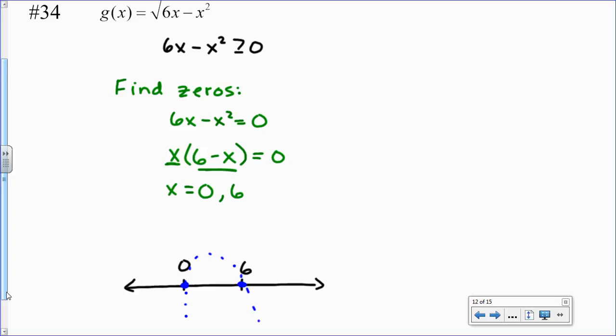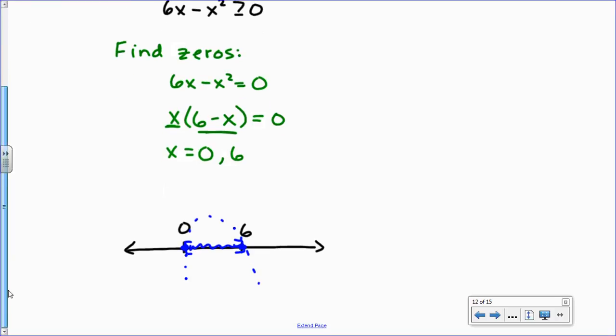And we want greater than, so this again will be between these two numbers. This part here, which corresponds to this. Questions about that so far?